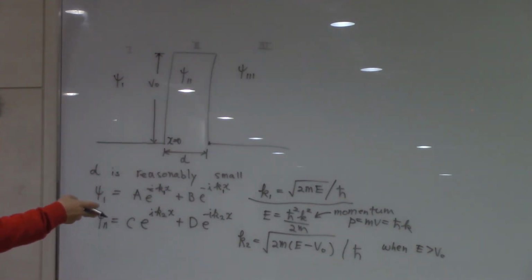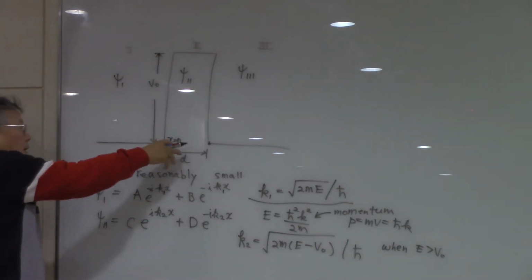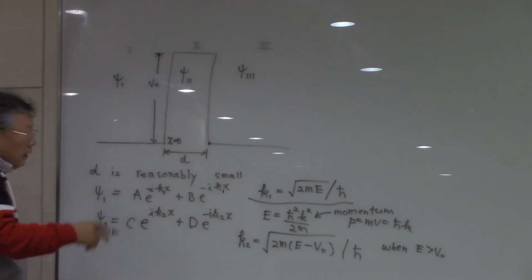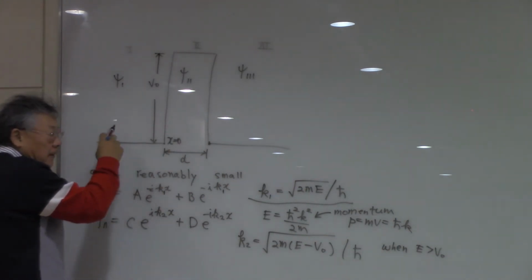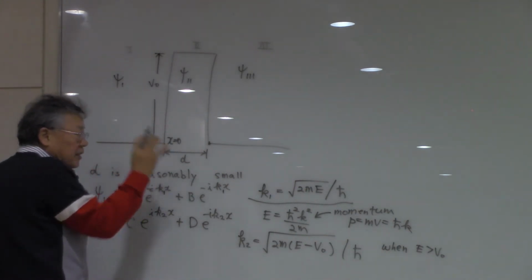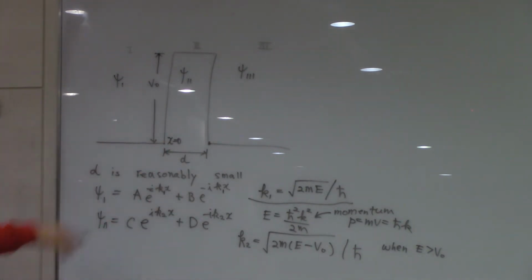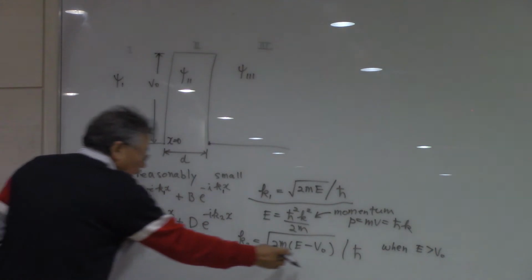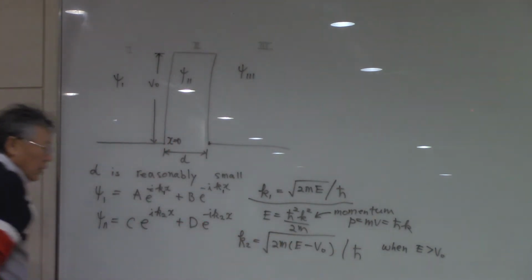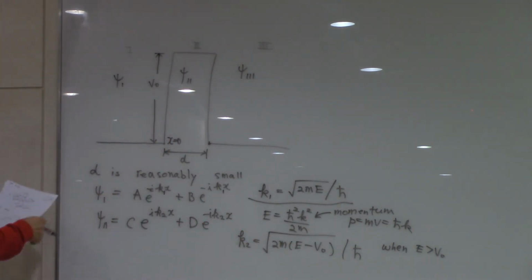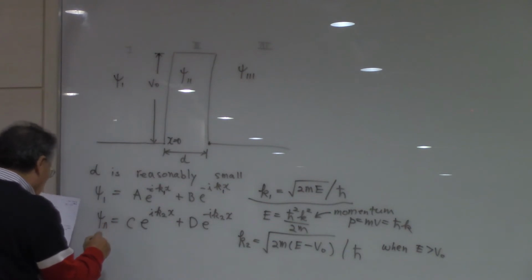When the electron energy is less than the barrier height, it is going to be reflected, but some of the wave is going to penetrate and pass through. So in that case this goes the other way around, but we're going to talk about that in a minute.